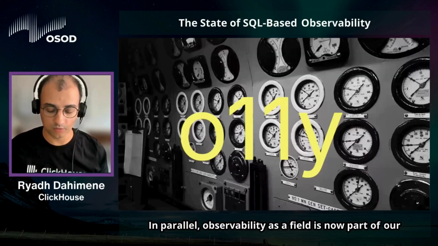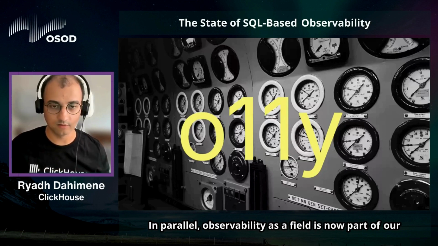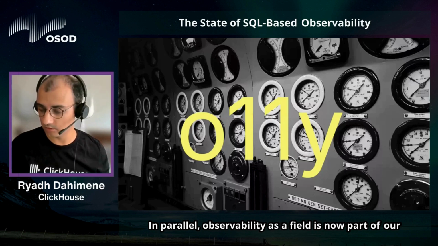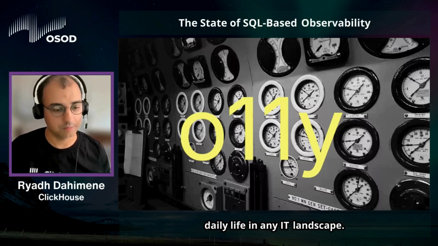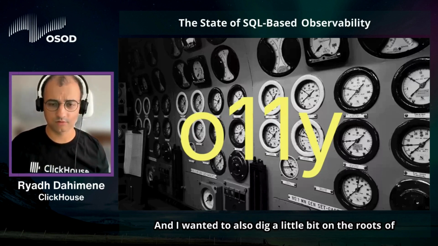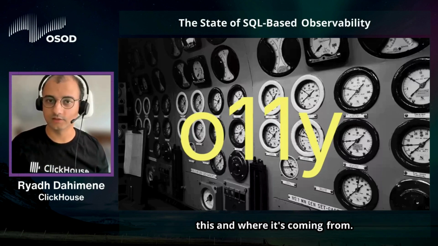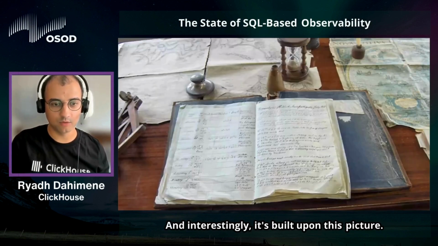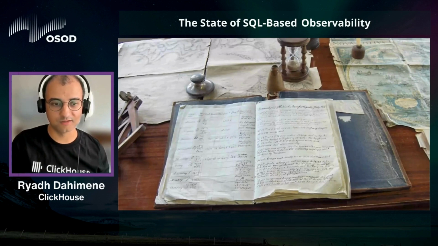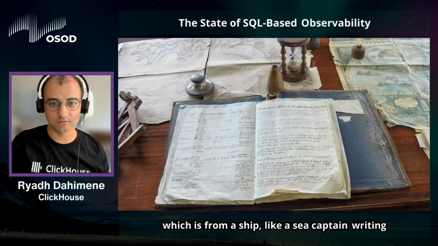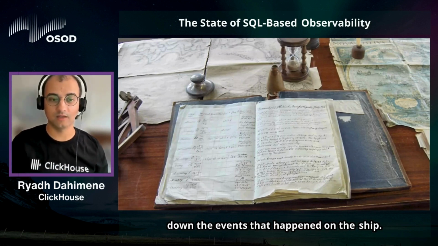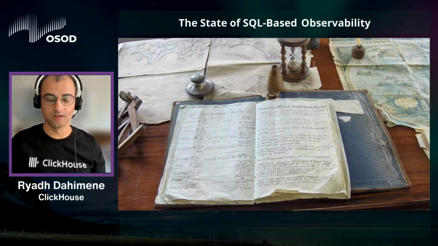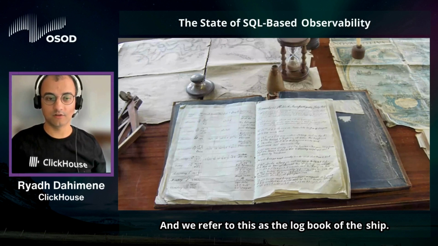In parallel, observability as a field is now part of our daily life in any IT landscape, and I wanted to dig a little into the roots of this and where it's coming from. Interestingly, I stumbled upon this picture of a sea captain writing down the events that happened on the ship. We refer to this as the log book of the ship.